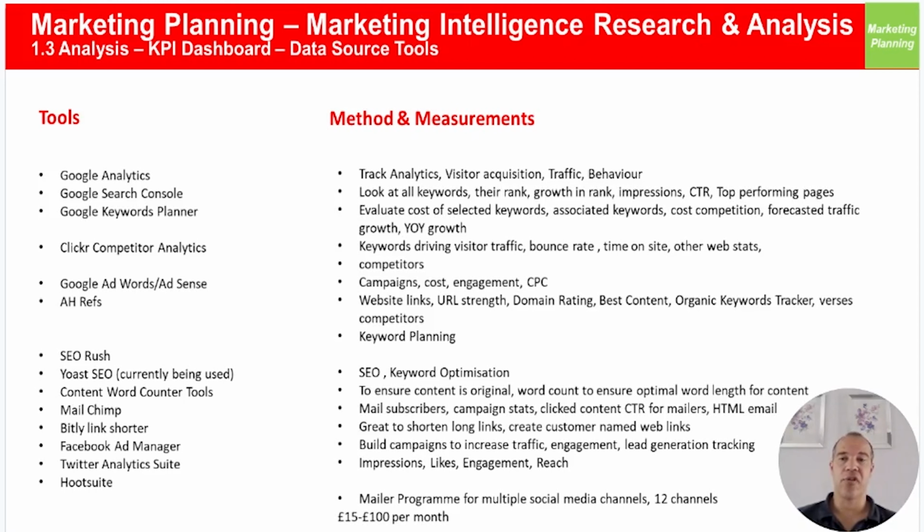So if you look at Google Search Console, this is another package that is offered by Google, and that will look at keywords, their rank, and it will measure the growth in website clicks through different keywords that you have. So if you are selling mountain bikes, it may be mountain bikes in Canterbury, or it may be cross trail mountain bikes is another keyword.